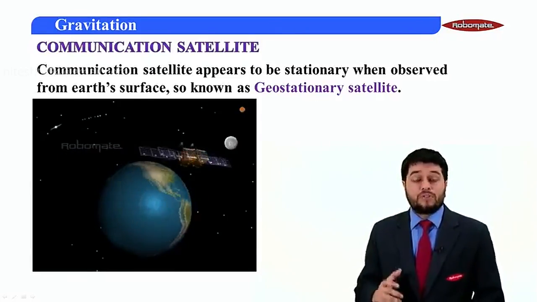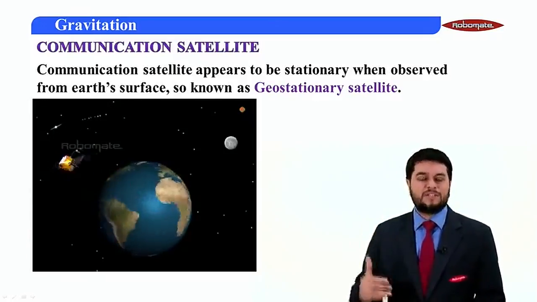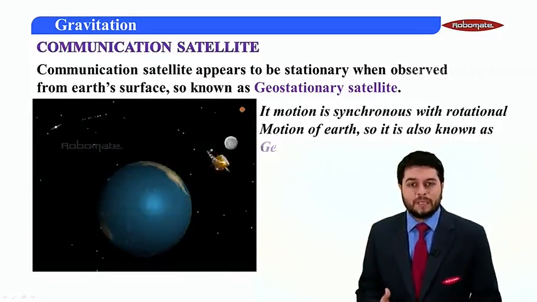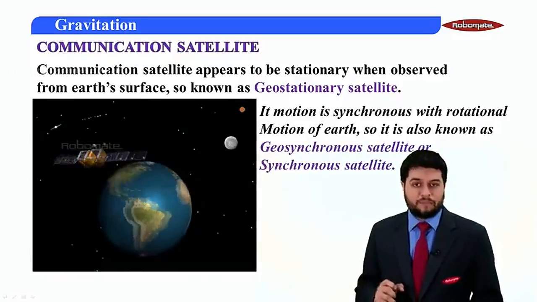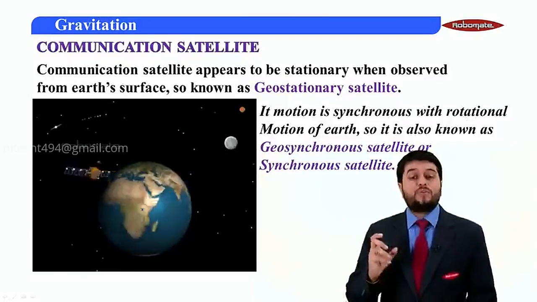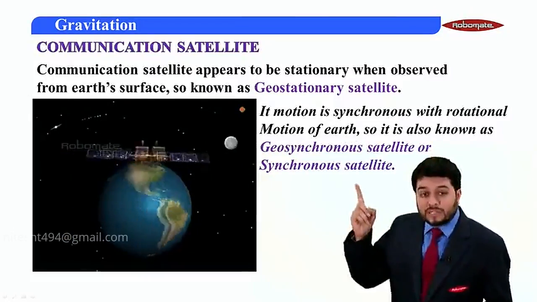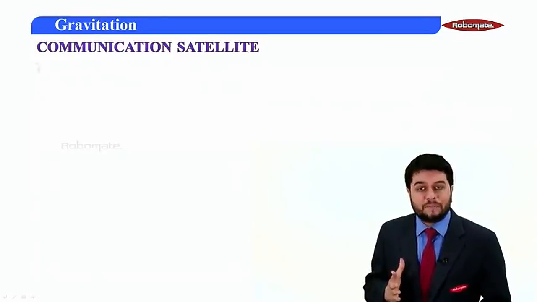And that's why it's also called a geostationary satellite, geographically stationary satellite. Sometimes it is also called a geosynchronous satellite because its motion is synchronous with the rotational motion of the Earth. That's why it's called a geosynchronous or simply synchronous satellite.